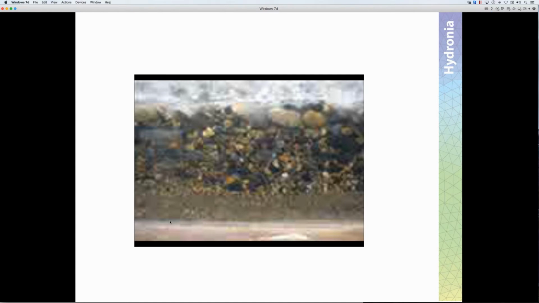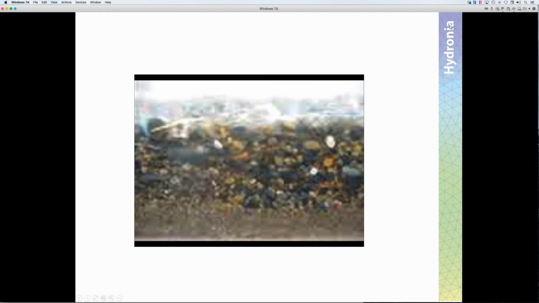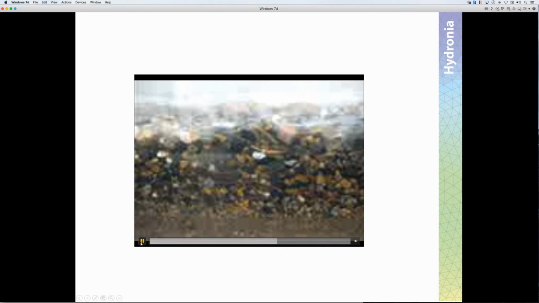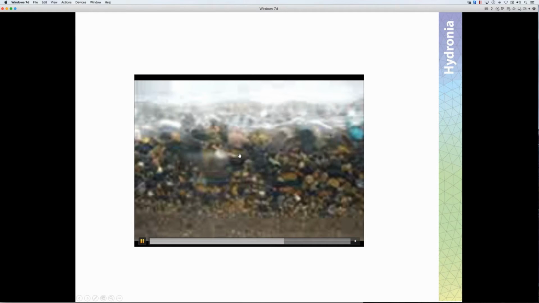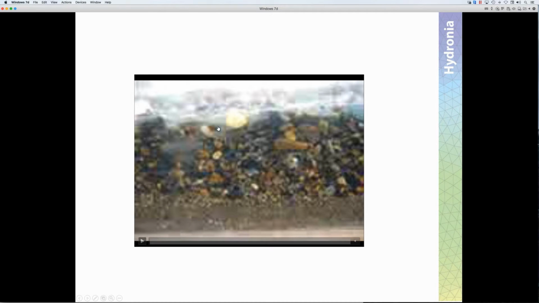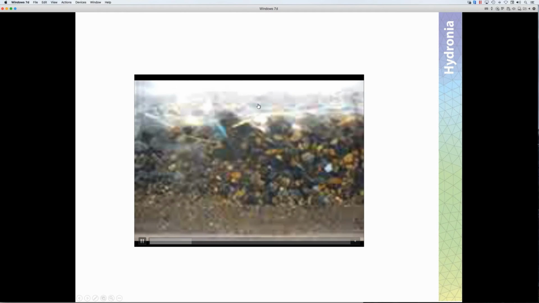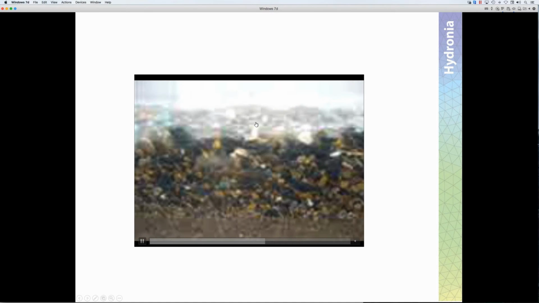A more physical view of it is this video. Let me show you this video. I think it's illustrative because it shows the movement of particles at different depths in the flow. So the flow is coming from the right to the left, and you can see that there are particles that move much faster on the top and much slower on the bottom, and that gives you an idea of the depth of the bed load transport, and also the upper part, where particles move suspended with the turbulence that the flow exerts on the particles.